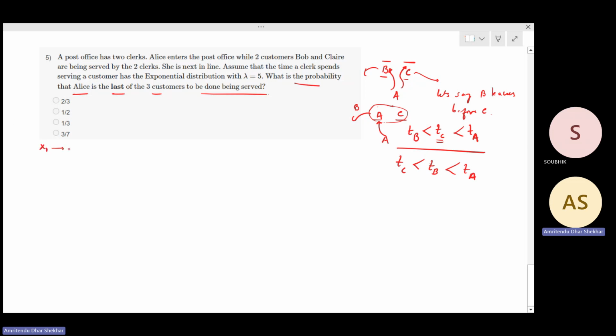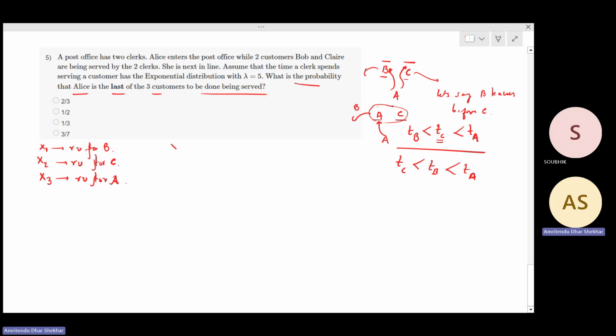X1 is the random variable for the time to serve Bob, X2 is the random variable to serve Claire, and X3 is my random variable for Alice. So X1, X2, X3 are all independent. I hope that's clear why: they're being served independently. And they're also identically distributed because they all have the exponential distribution.